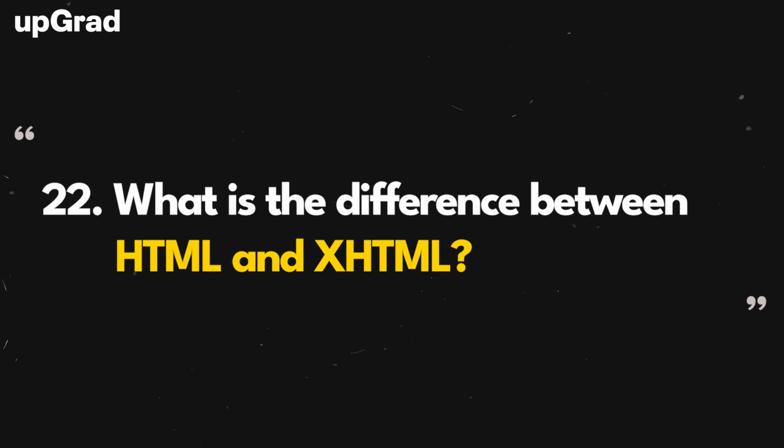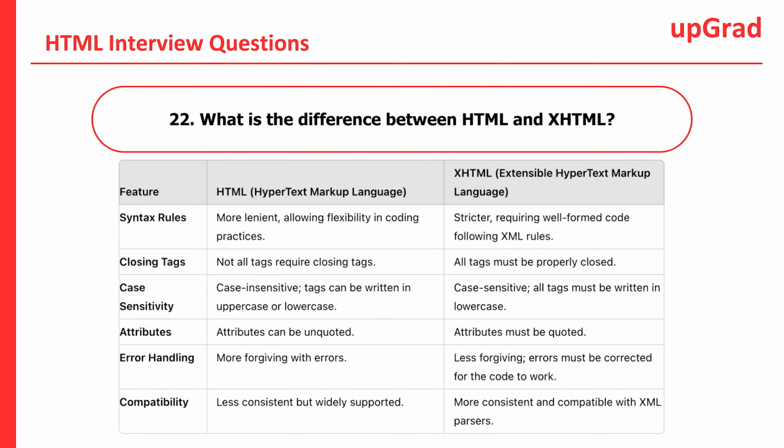Question number 22. What is the difference between HTML and XHTML? HTML, Hypertext Markup Language, and XHTML, Extensible Hypertext Markup Language, are both markup languages used to create web pages, but they differ primarily in their syntax rules and how strictly these rules are enforced. HTML is more lenient, allowing for some flexibility in coding practices, such as not requiring closing tags and being case insensitive.